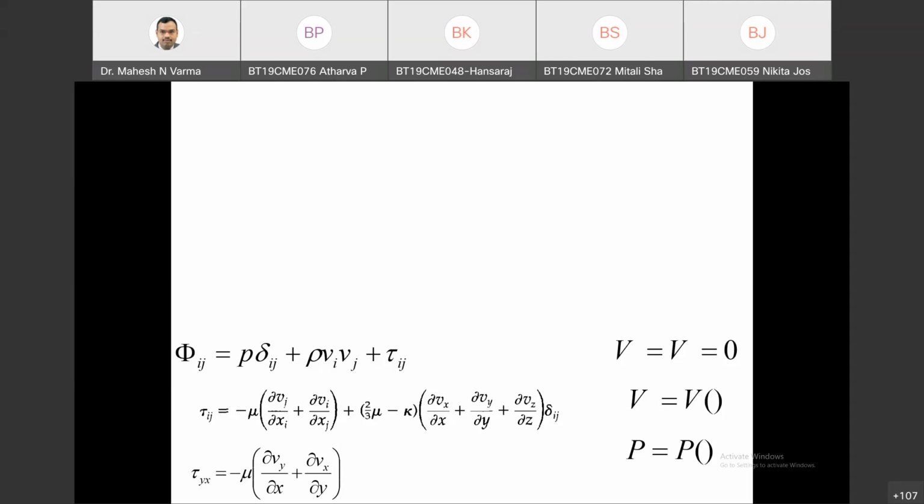Sir, as we are using the cylindrical system, it is z, r and theta. So Vz, Vr and V theta, sir. Okay, so out of these three velocities, which are non-zero and which are zero?